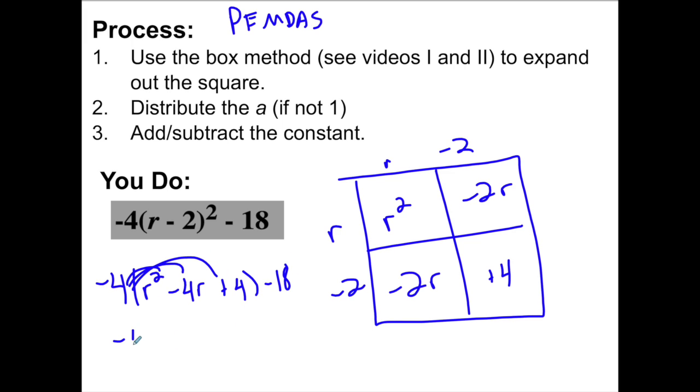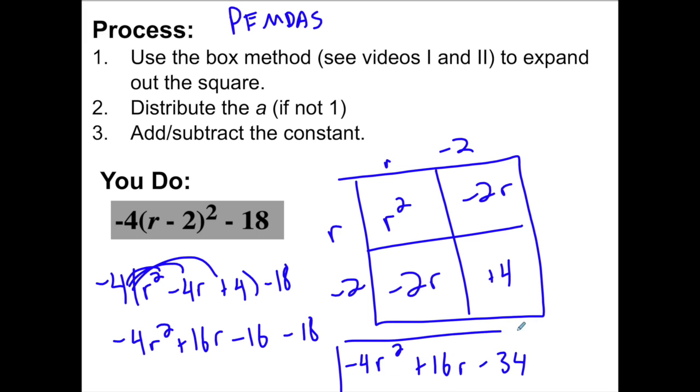So I distribute: minus 4r squared plus 16r minus 16 minus 18. So I've got negative 4r squared plus 16r minus 34.